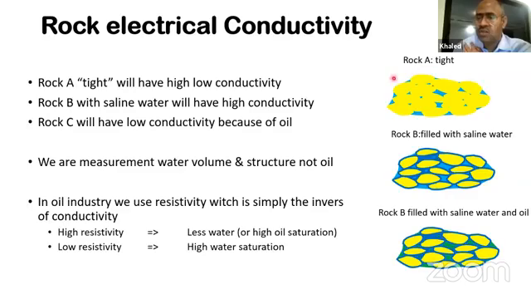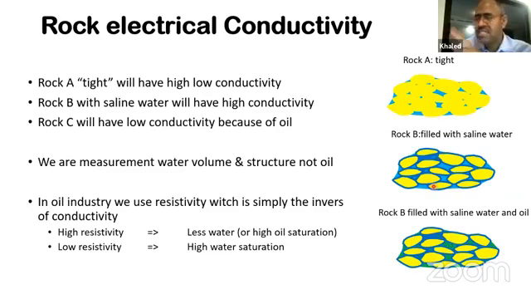You see that this one will have very low conductivity because it doesn't have much porosity. This one has porosity filled with water, so the conductivity will be high. This one, the pore is big but filled with oil, and because oil cannot transmit electricity, the conductivity will be very, very low. Okay?